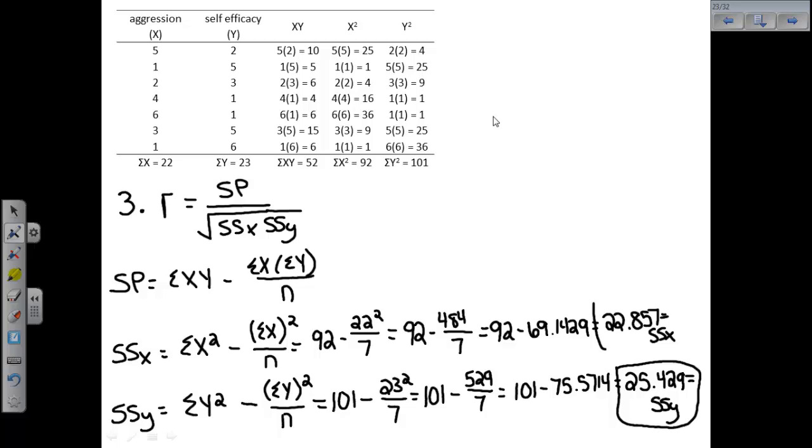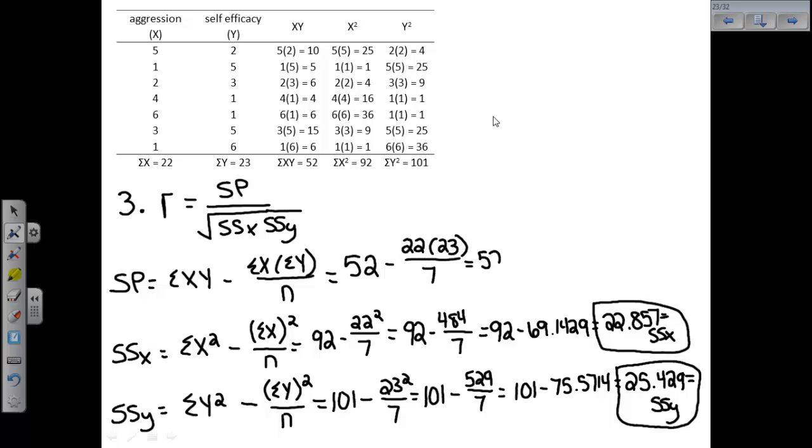All right. Now let's move on to the sum of products. So sum of xy, each x times each y added together, gets 52 in this case. Sum of x was 22, sum of y was 23, and there's 7 people in the study.